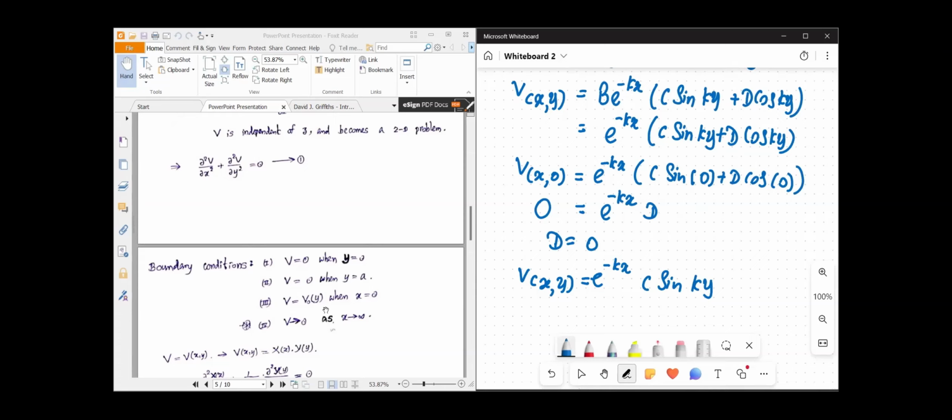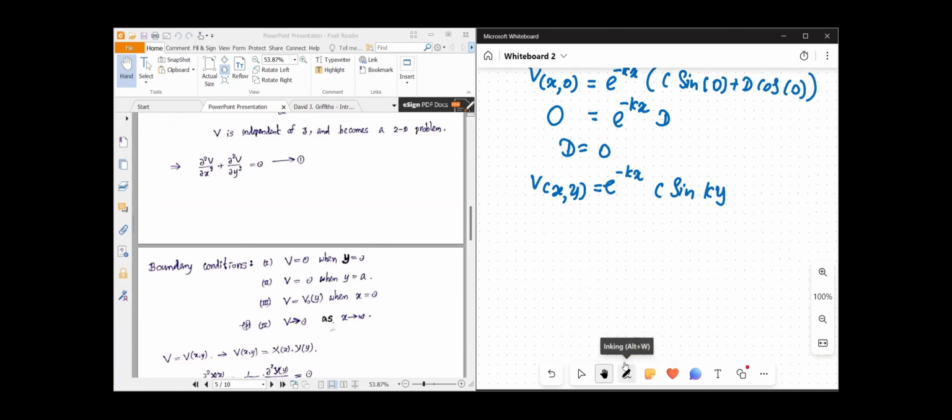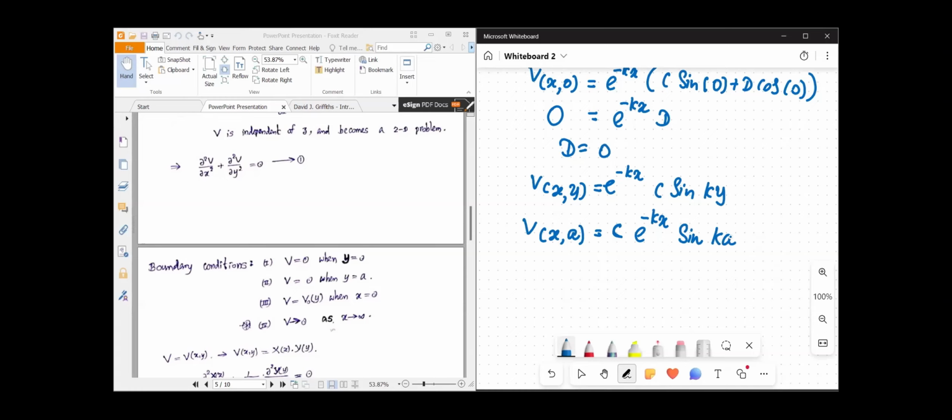Then let's apply the second boundary condition. When y is equal to a, the potential is 0. So at y equal to a, it is going to be equal to c e to the power minus kx times sine ka.